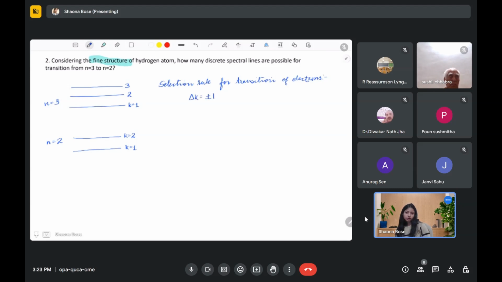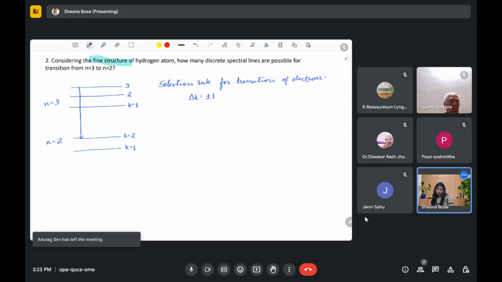Plus minus 1. Okay, so that means an electron can come down from 3 to 2. Yes. Okay, an electron can come down from this line to this line.